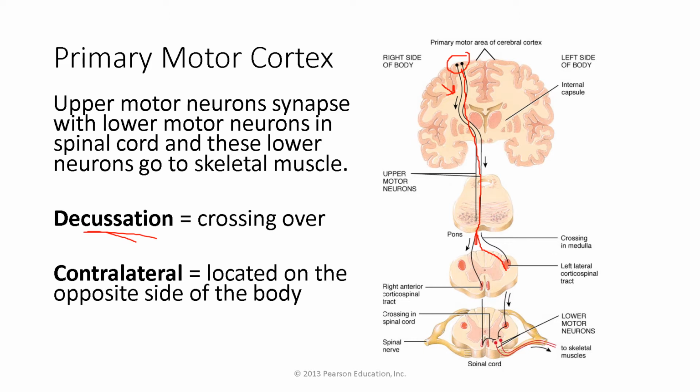The remaining 10% of neurons don't decussate at the medulla oblongata, but rather they continue through to the anterior corticospinal tract, and they actually decussate in the spinal cord like you see here. Decussation is why the right side of the brain controls motor activity on the left side of the body, and vice versa.